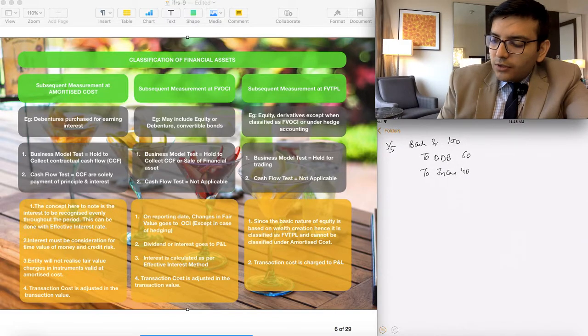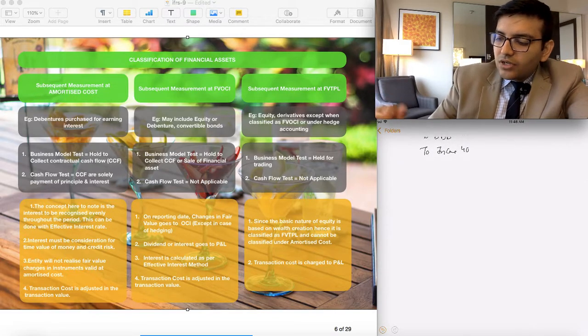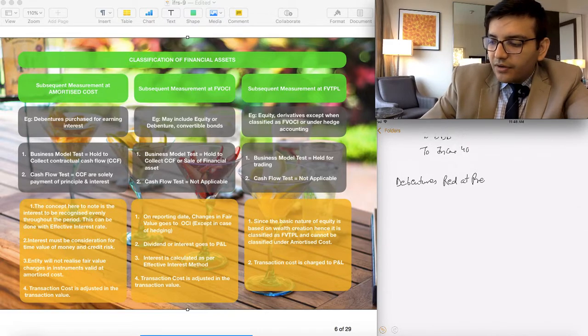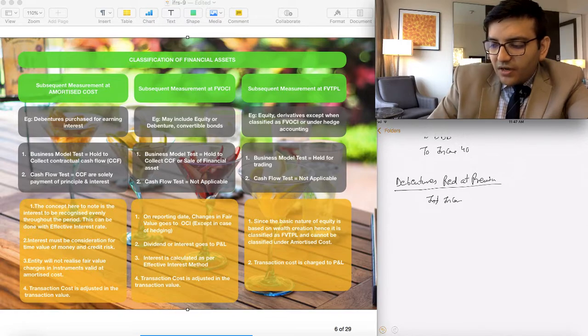Now we talk about another example. Let's say debentures redeemable at premium. Similarly, in this case also, we are booking interest income yearly, like year 1, year 2, year 3.